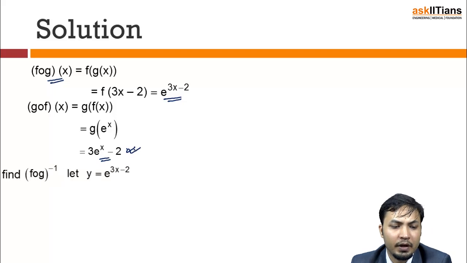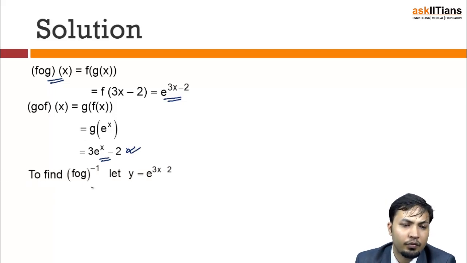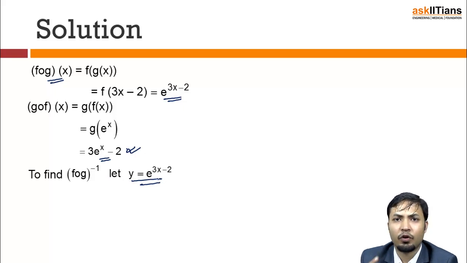So this is my f of g and this is my g of f. To find (f of g) inverse, we let y equal to e to the power 3x minus 2. We will follow the 3-step process that we have studied.